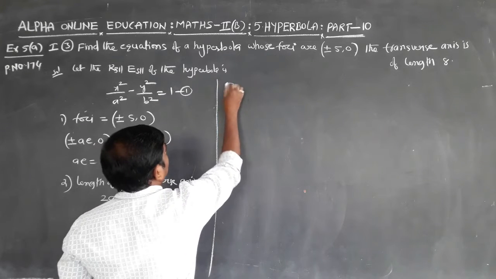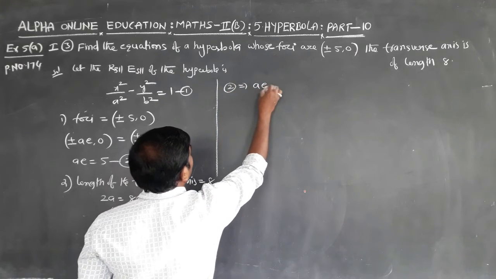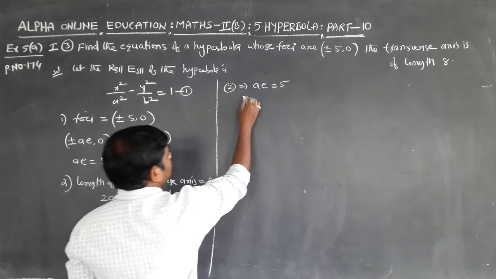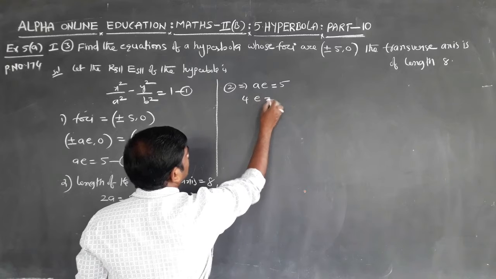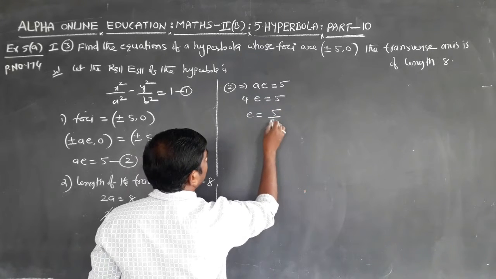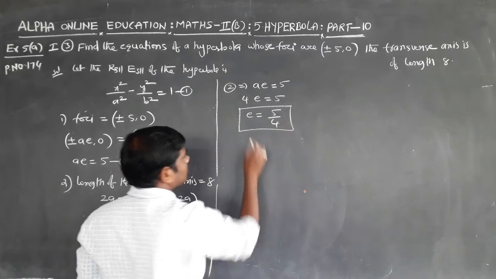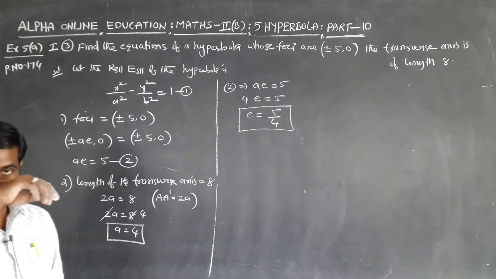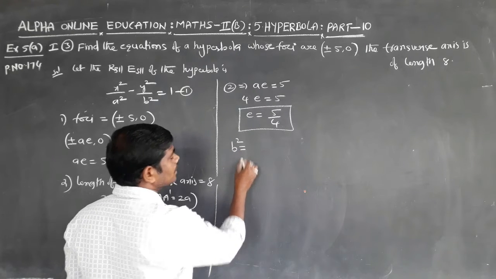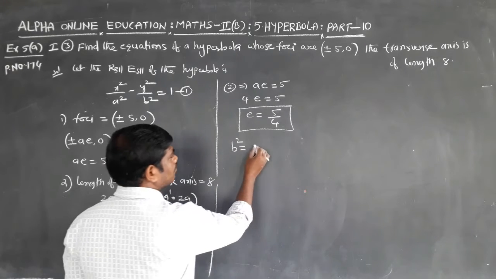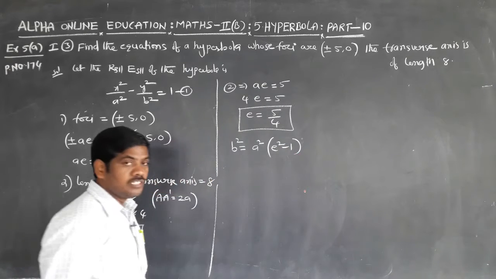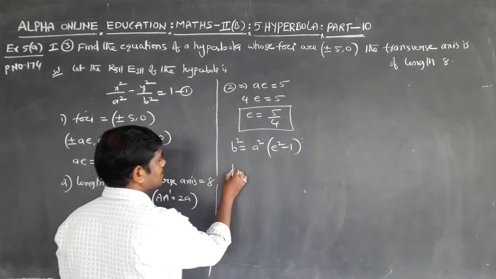From condition 2, ae = 5. Substituting a = 4, 4e = 5, so e = 5/4. Find the value of b. Using the formula b² = a²(e² − 1), b² = 4²((5/4)² − 1). Now 4² is 16 and (5/4)² is 25/16, minus 1.